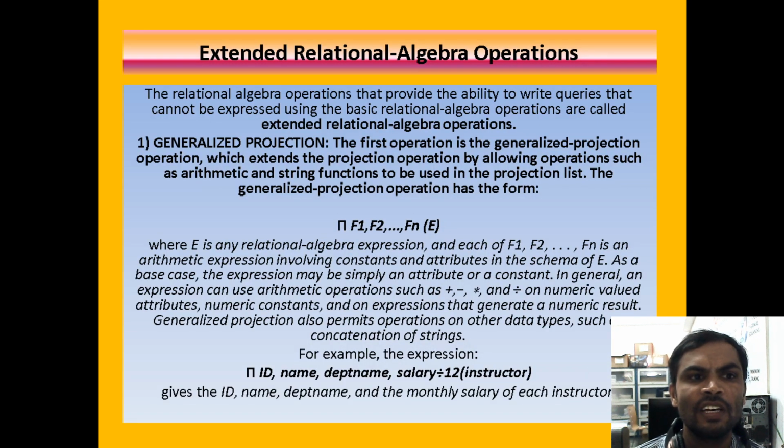Next we are going for extended relational algebra operations. Under the extended relational algebra operations, it is categorized into only two types: generalized projection and aggregation function. This is very important for your extended relational algebra. Extended ER features will be different from extended relational algebra operations.